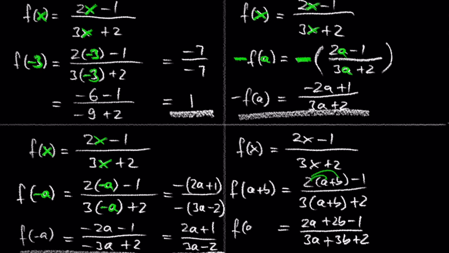So f of a plus b equals (2a plus 2b minus 1) over (3a plus 3b plus 2).